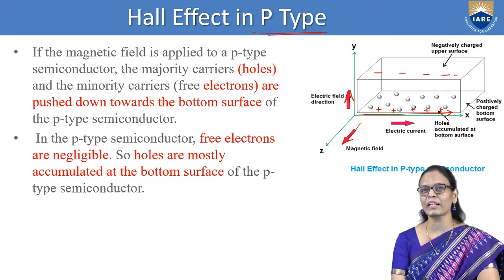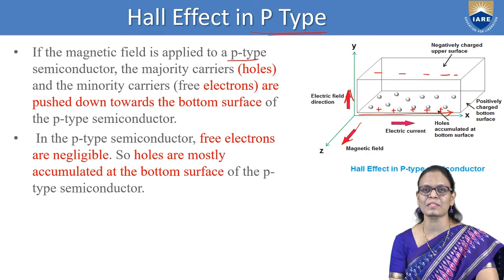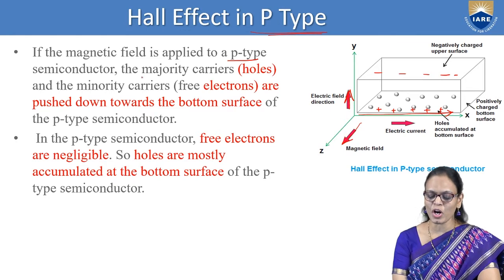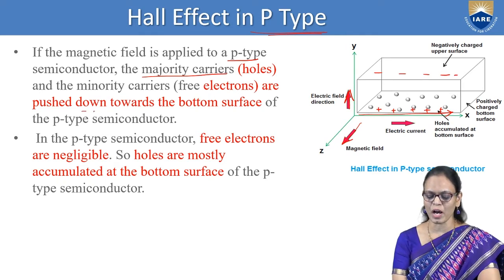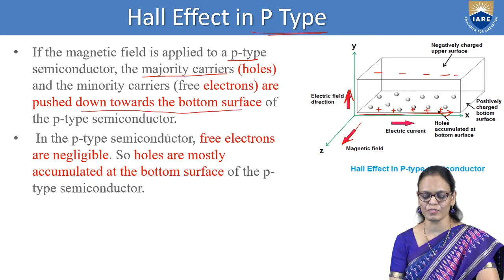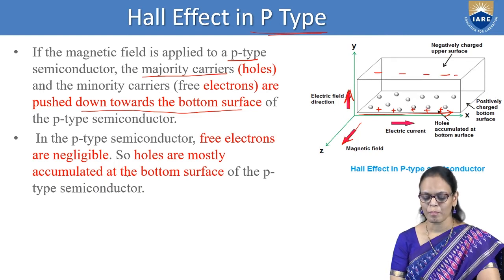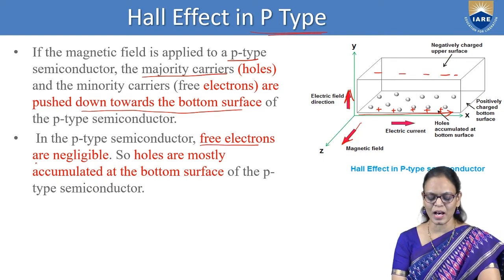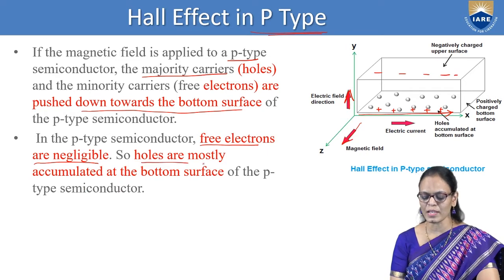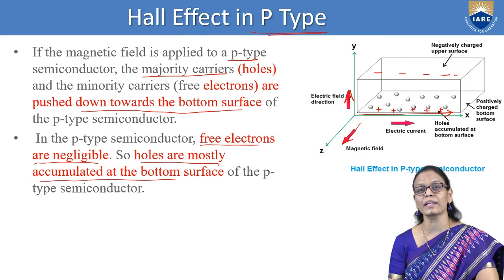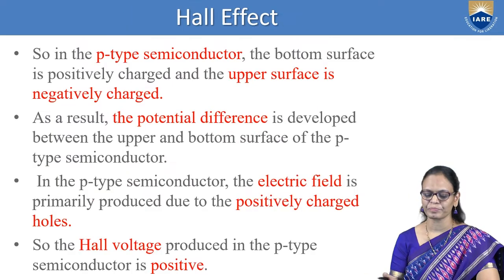So if the magnetic field is applied to a p-type semiconductor, the majority carriers, that are holes, and the minority carriers are pushed down towards the bottom surface of the p-type semiconductor. But free electrons are negligible because they are minority carriers, and holes are the majority carriers and they are accumulated at the bottom surface of the p-type semiconductor.